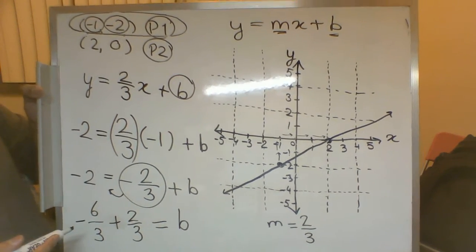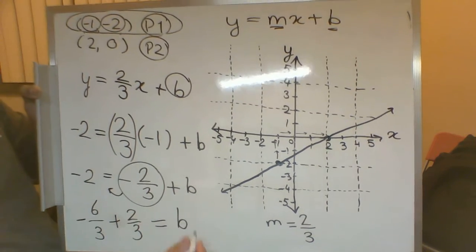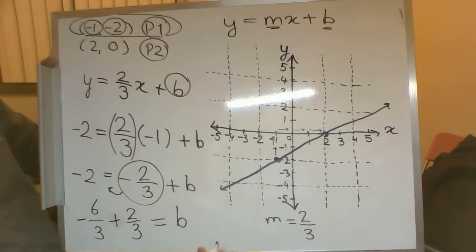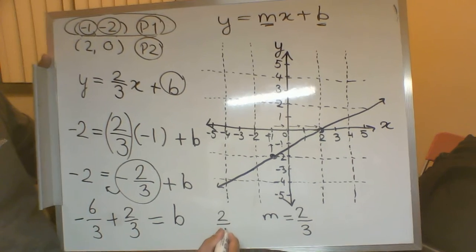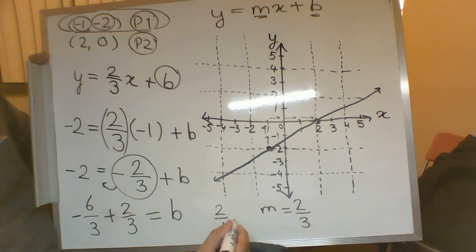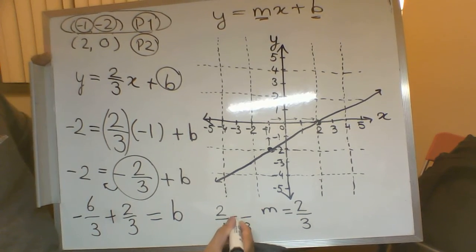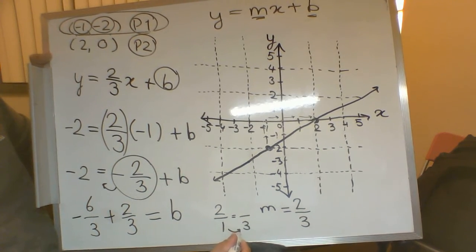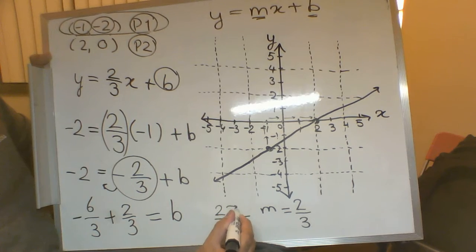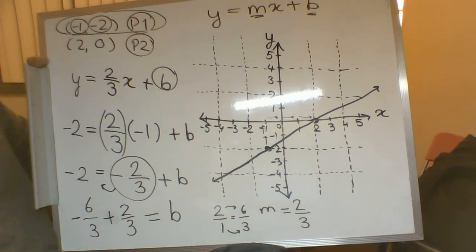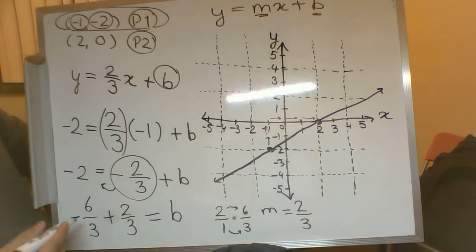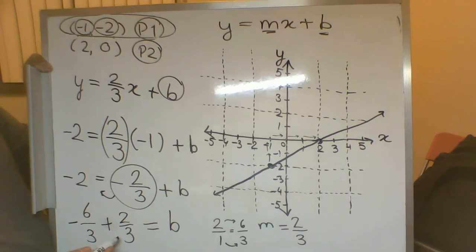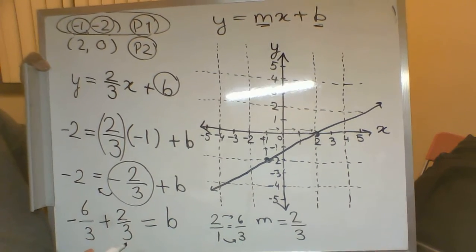It's basically because we started with a negative 2 sitting out in front, right? So we basically had a fraction of 2 over 1, and we needed the denominator to be 3. Going from one denominator to the other, we had to multiply by 3 on the bottom, so we also have to multiply by 3 on the top, and that should give us a 6. So we end up with negative 6/3 plus 2/3 is equal to b.